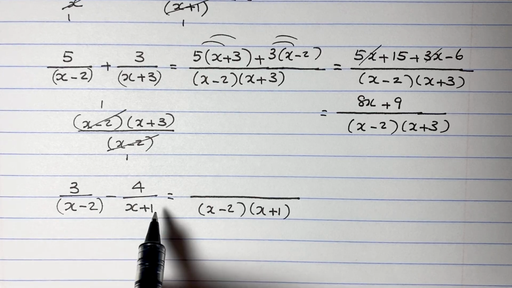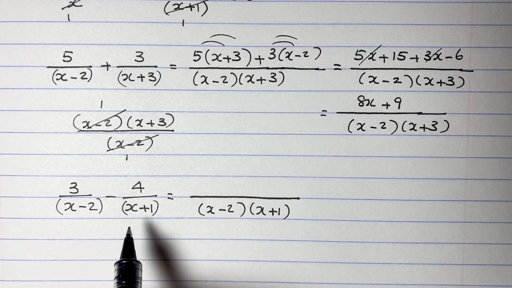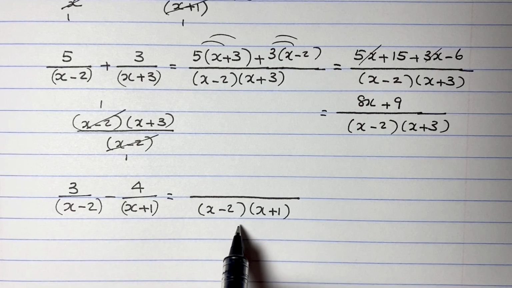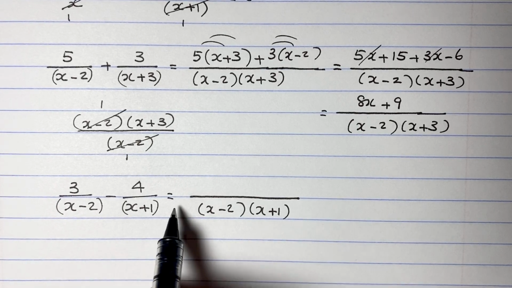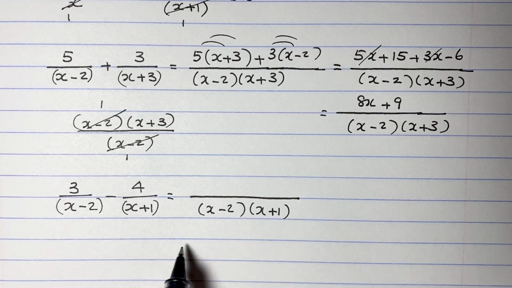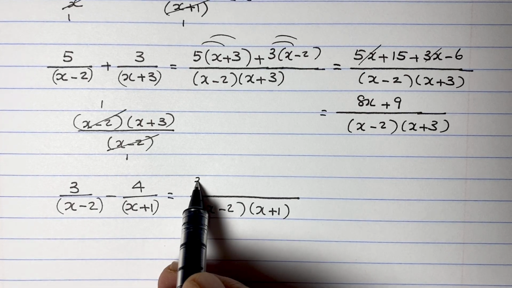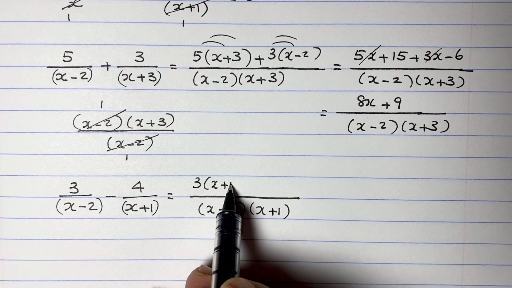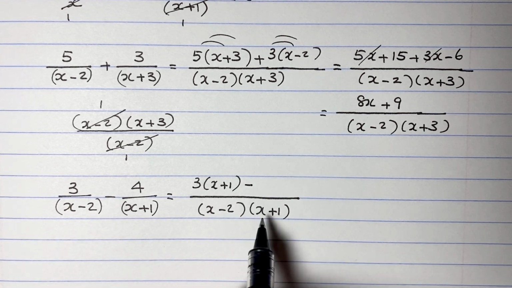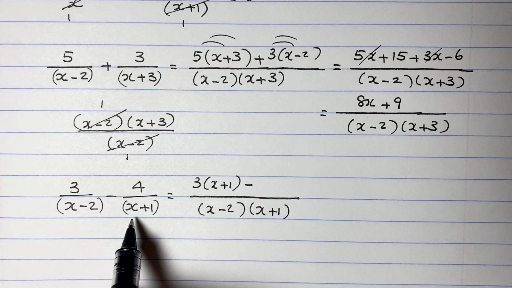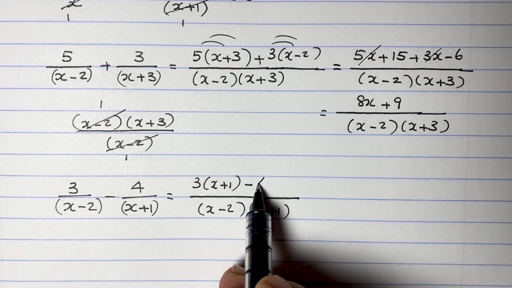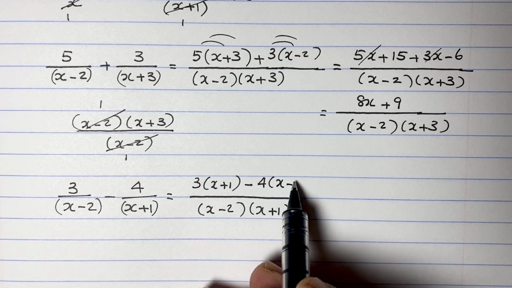Put a bracket around any expression which is more than one term. Divide (x minus 2)(x plus 1) by x minus 2. You're left with x plus 1 times the top, 3 lots of (x plus 1). Take away, divide, leaves you with x minus 2 times the top, 4 lots of (x minus 2).